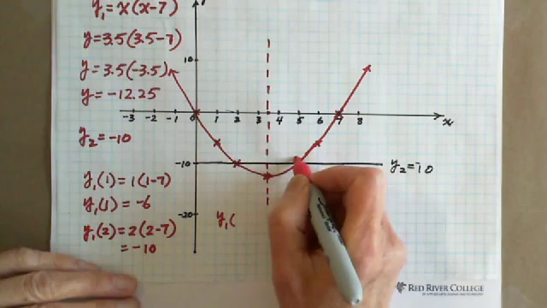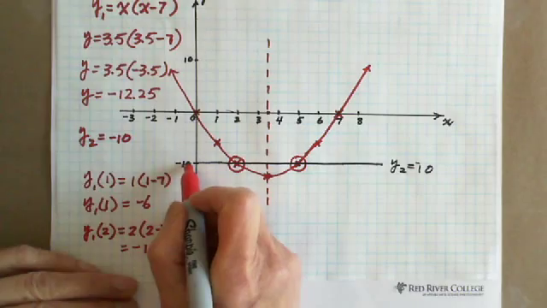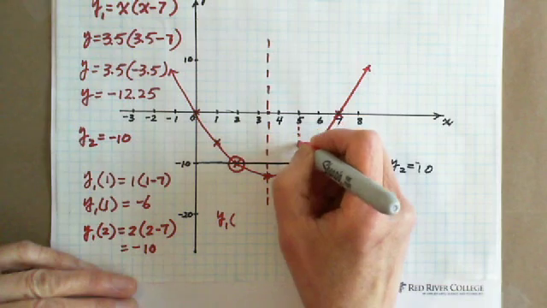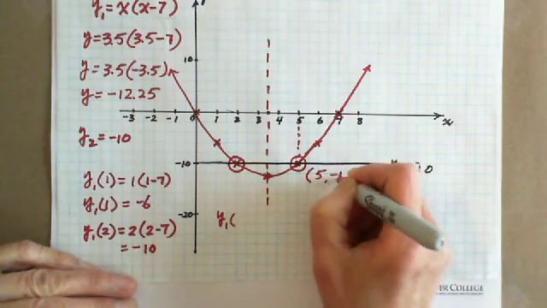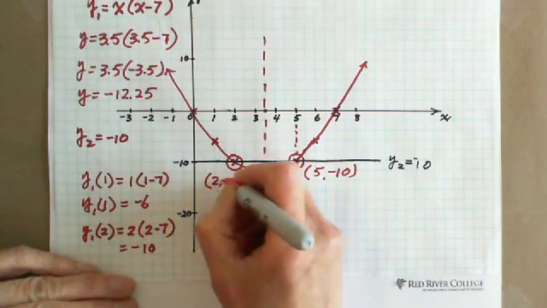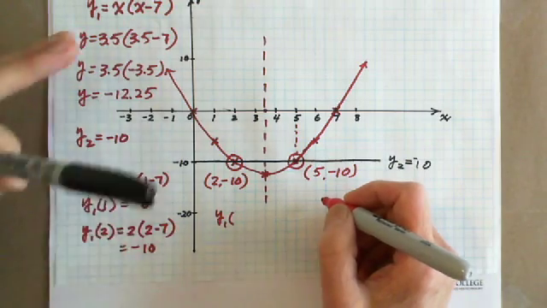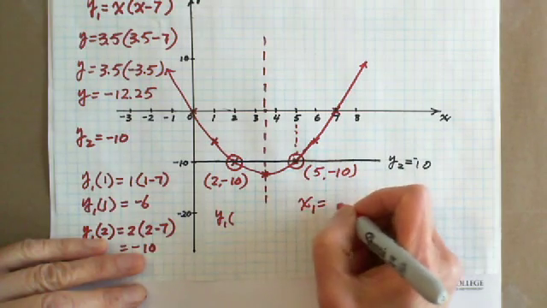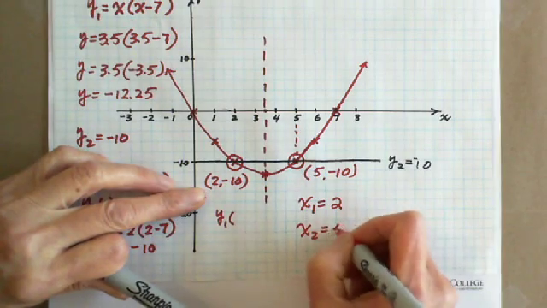So we have these 2 points. They meet with y2 equals negative 10, which gives us the solution here. This point is 5 and negative 10. This point is 2 and negative 10. That's the solution. So the solution is x1 equals 2, x2 equals 5.